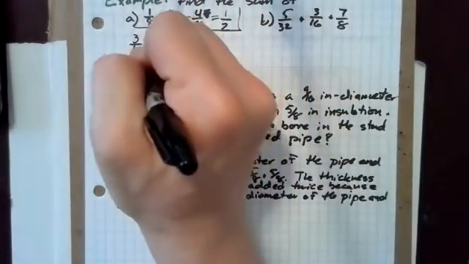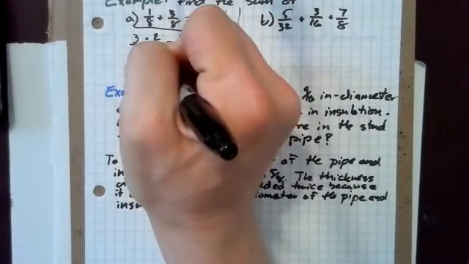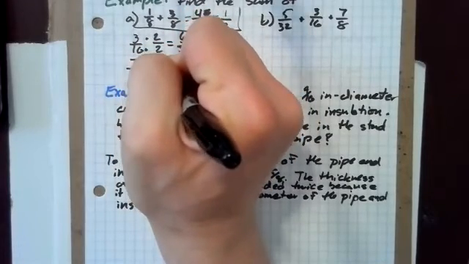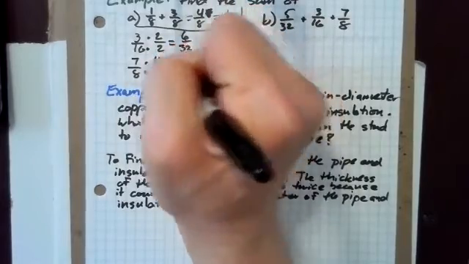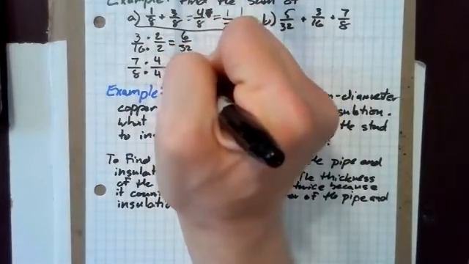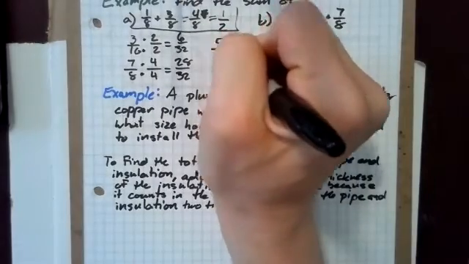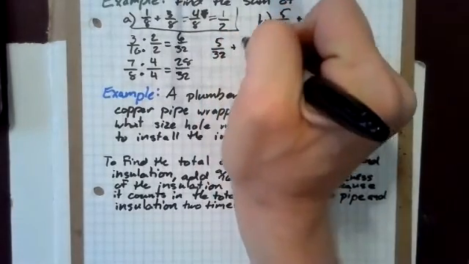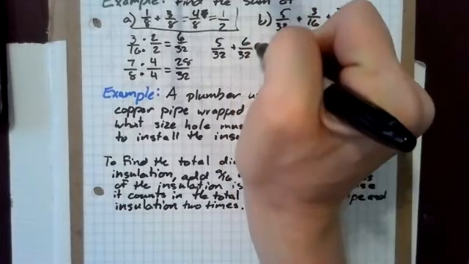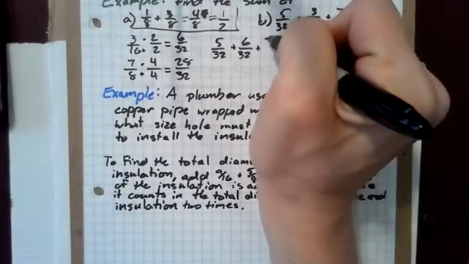And for our 7/8, we multiply the numerator and denominator by 4 each and get 7 times 4 is 28, and 8 times 4 is 32. So this becomes 5/32 plus 6/32 plus 28/32.